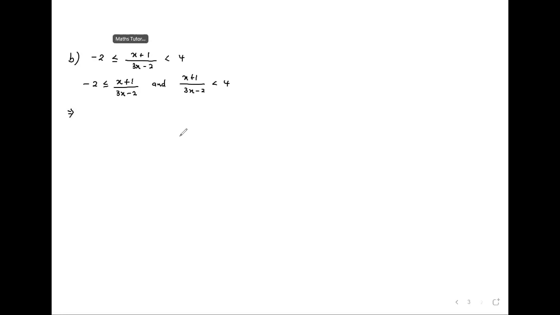This means that solving here, we are free for as long as we don't cross multiply. We can have it in this form. This is the same as over 1. So 3x minus 2 is in the denominator. Then we have -2(3x minus 2) minus (x plus 1) less or equal to 0.